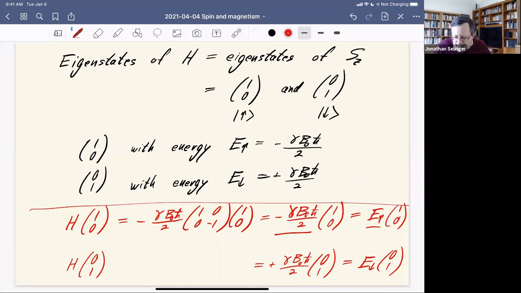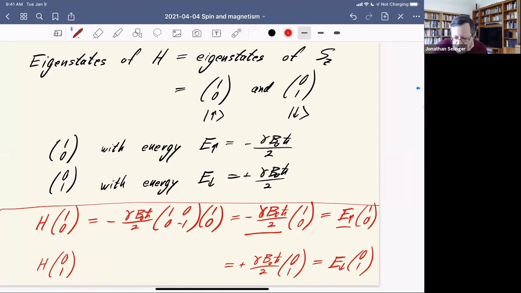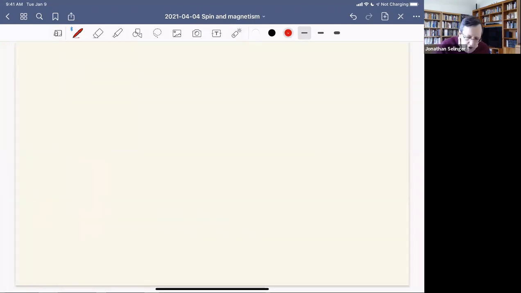That means we know these are the solutions of the time-independent Schrödinger equation, so we can then solve the time-dependent Schrödinger equation.